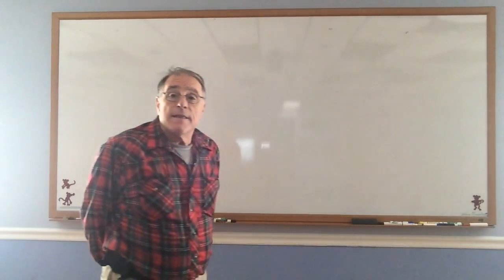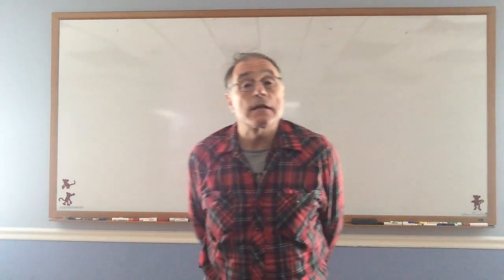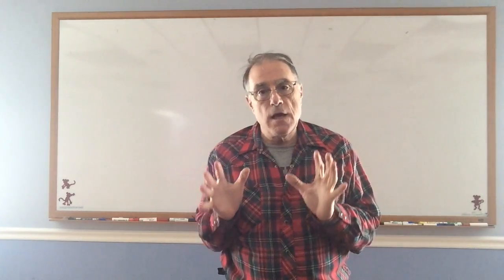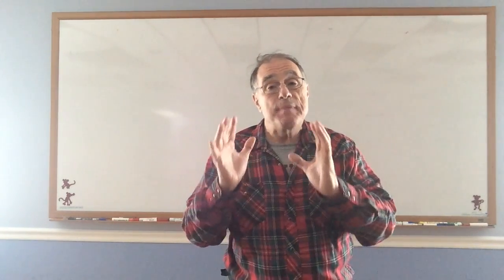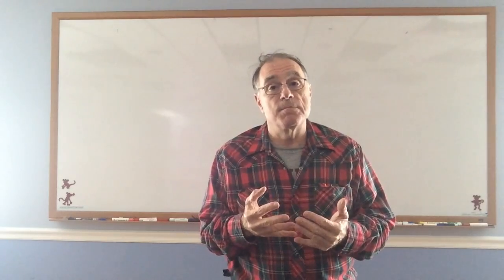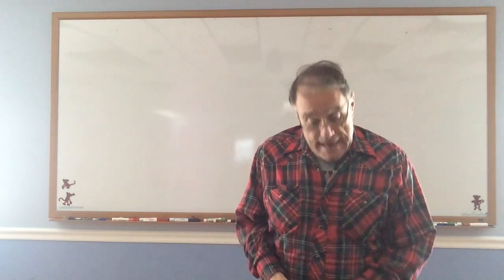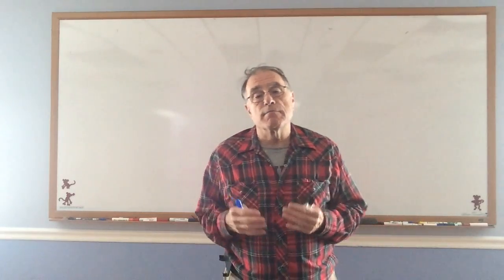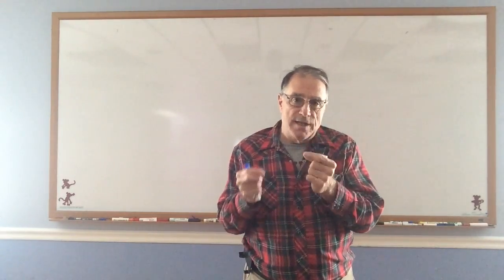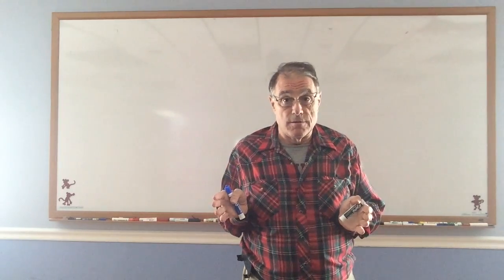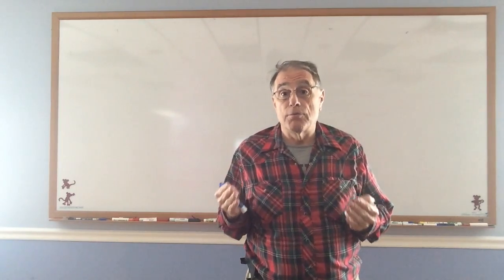Hello. In this video, I'd like to talk about linear regression and look at the four main pieces of regression, see how they fit together. We said that linear regression seeks to find a relationship between two variables that are related.